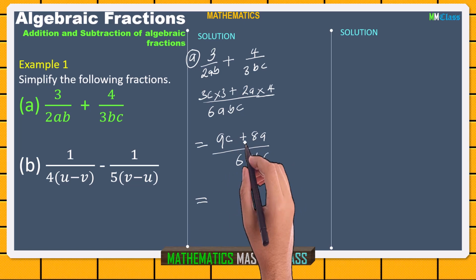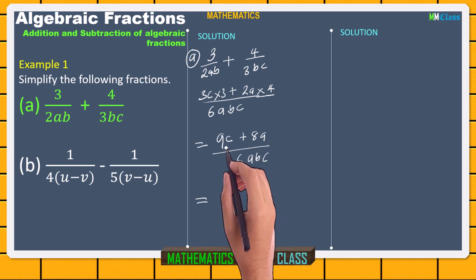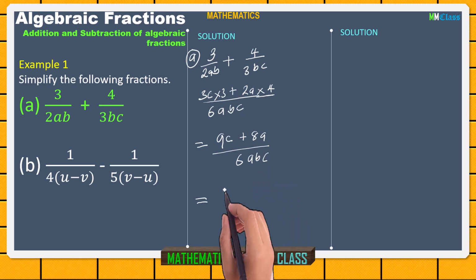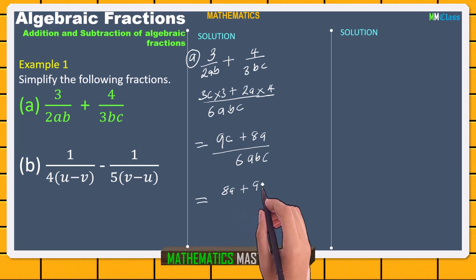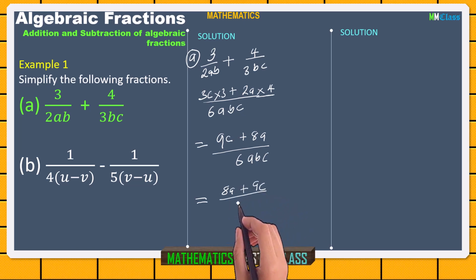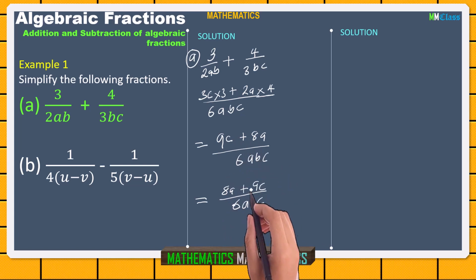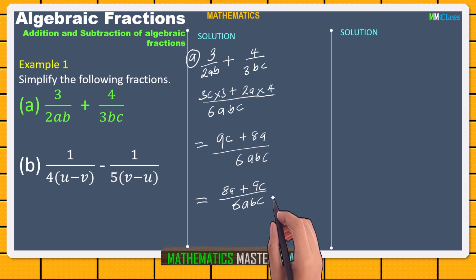Before you conclude your final answer, you must check if the terms involved in the fractions are factorizable. If you check 9c plus 8a, they are not factorizable. So you can conclude by saying 8a plus 9c all over 6abc. Now, this is just the rearrangement of this. So this will now serve as the final answer to it.